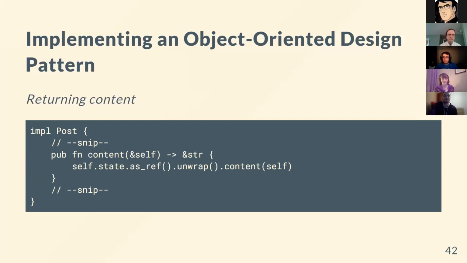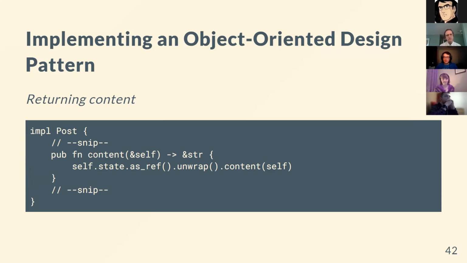And so finally, we want to be able to return some content. We actually want to do the publishing once we're actually in our published state. As the goal is to keep all of the rules inside the structs that implement state, we're going to require a new method for the state object. So we've called it content.